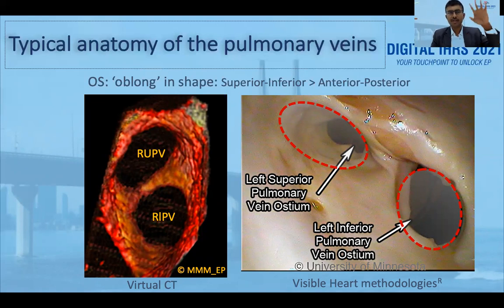For oblong-shaped ostia, the circumferential balloon to tissue contact may not be 360 degrees. And hence, you might encounter superior-inferior contrast leaks when you inject the contrast into the vein. And you might need to do certain adjustments like a pull down or a push up so that you can close those leaks.